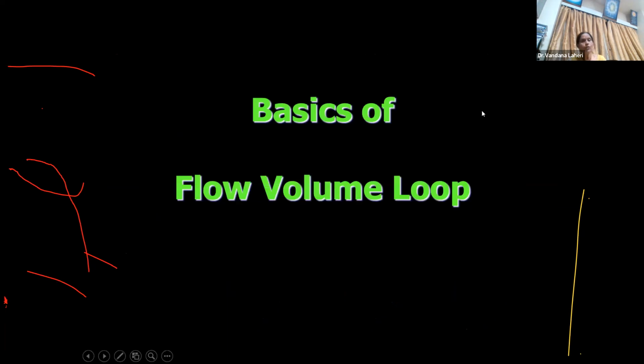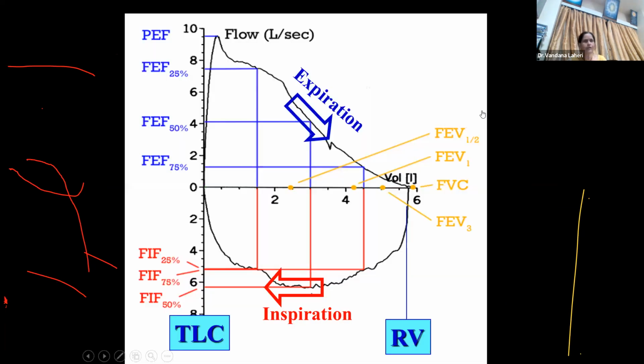Now let us see the flow volume loop. We always advise PFT. What do they do here? They can tell you the peak expiratory flow rate, all those parameters. They will tell you TLC, they'll tell you RV. But please know that this is inspiration on this graphic, and this is expiration.